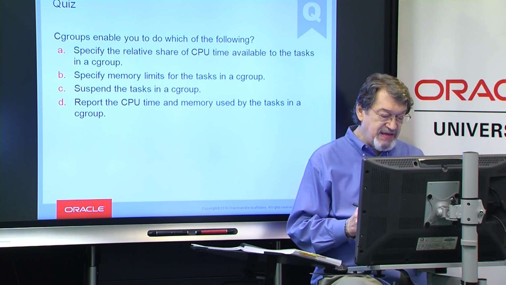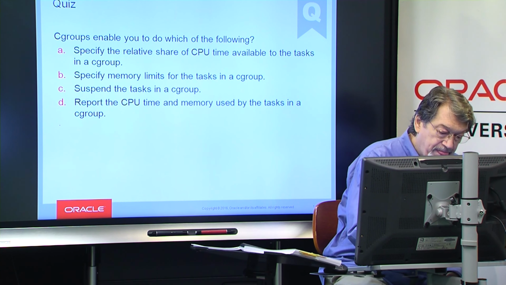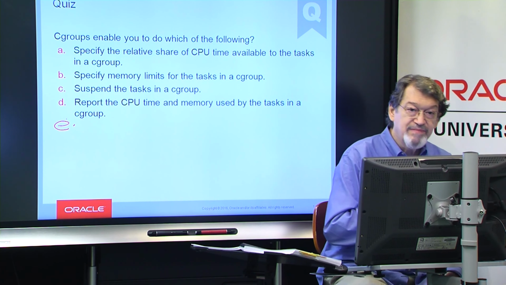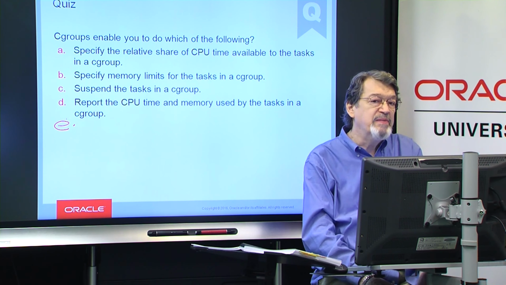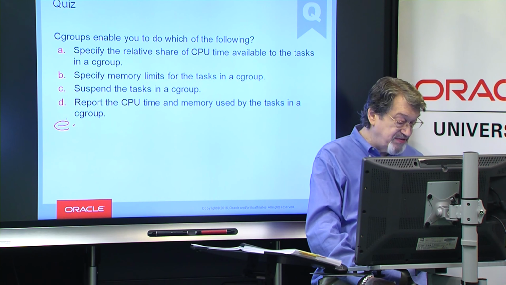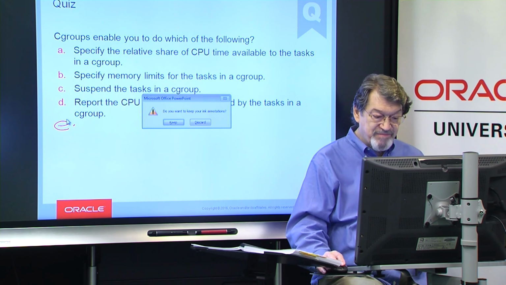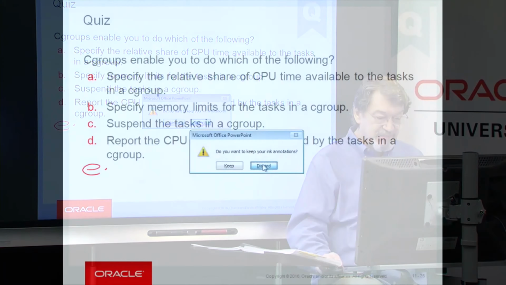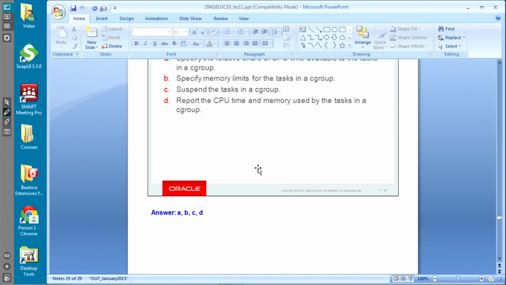What I really think we need down here is a letter E for all of the above. Now, I'm pretty sure that's not what the key gives us. No, it doesn't have an E, but it does have A, B, C, D.